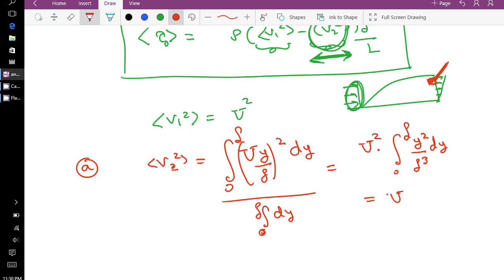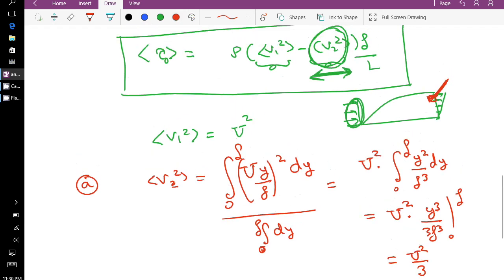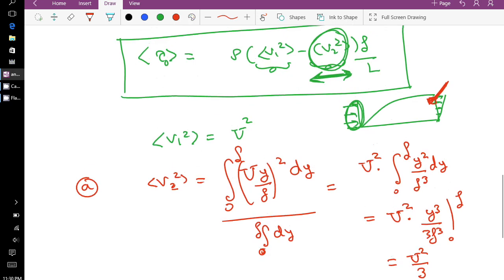You can imagine that this becomes u square into 1 by 3, y cube by 3 delta cube from 0 to delta, and this becomes u square by 3. Okay, so this is pretty straightforward. So now we have a tau naught, and we know that this is not equal to 0, because v2 square is u square by 3.